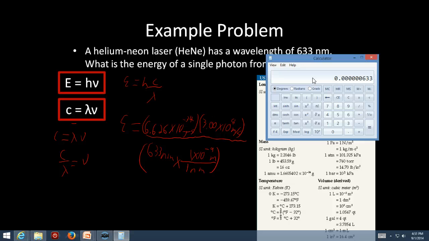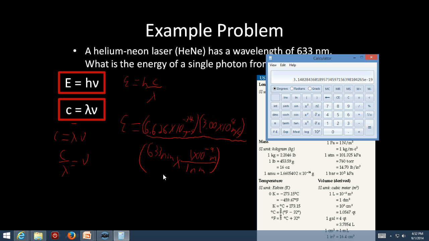Okay, so now that we have the calculator up, we do 6.626 exponent negative 34 times 3 exponent 8 divided by this on the bottom, 633, and then divided by 1 exponent negative 9.